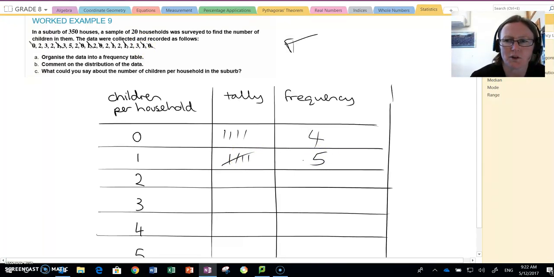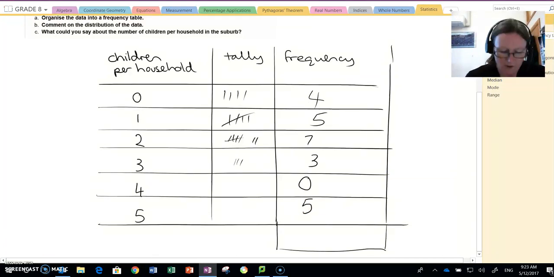You notice I'm crossing off so that I know that I've counted it, and I can see if I get any at the end. 1, 2, 3, 4, 5, 6, 7 had 2 children. 3 had 3 children. Doesn't look like any had 4 children, and it looks like 1 had 5 children.